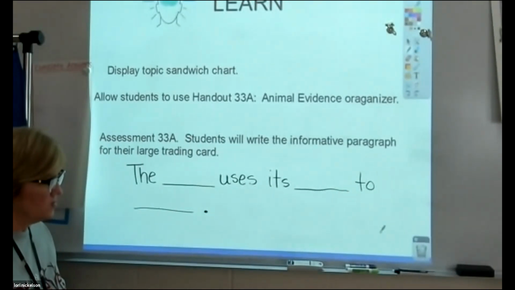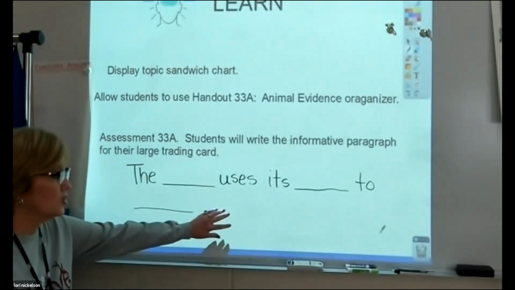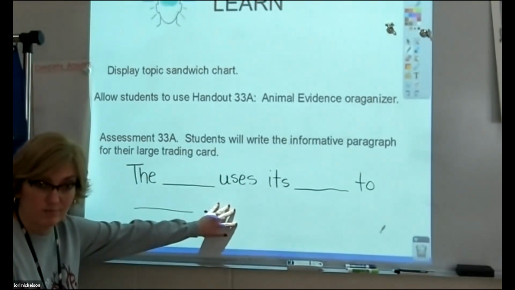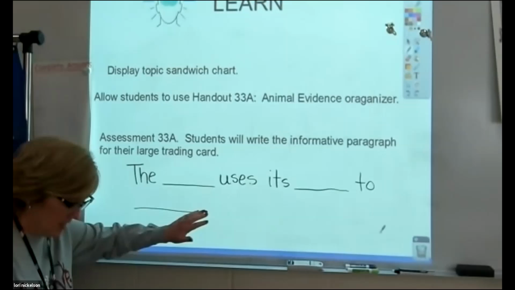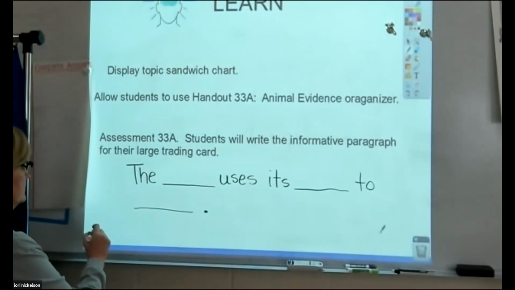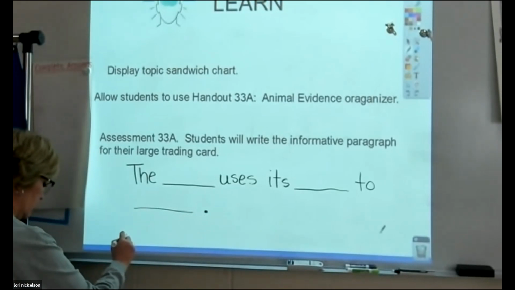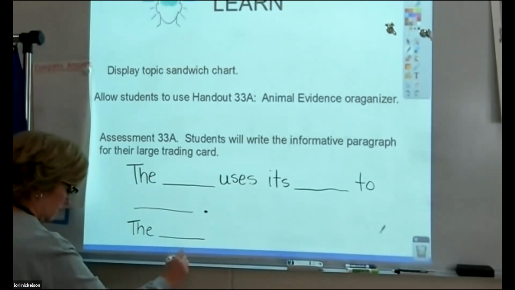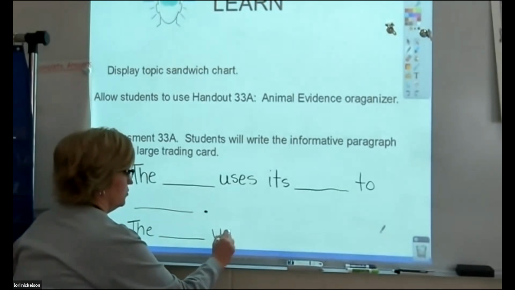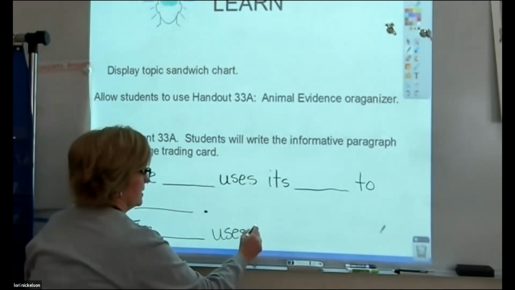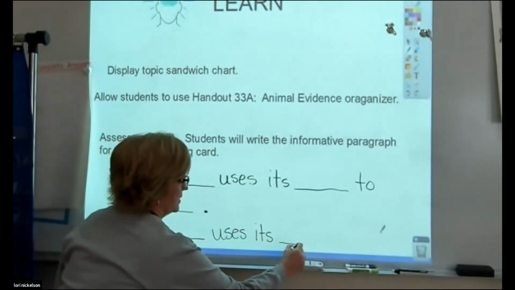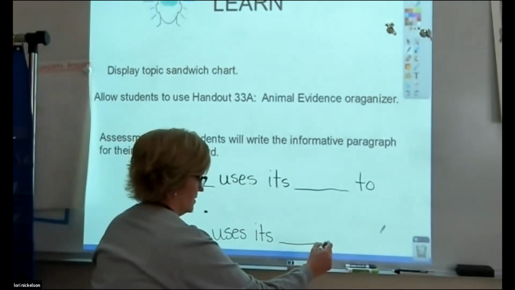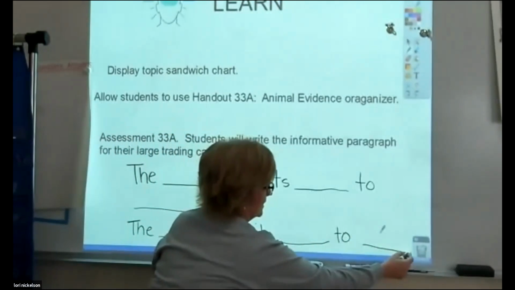So you fill in those blanks. And then after you've done that, you add your 2 details. Then your conclusion. Your conclusion is the blank uses its blank to blank.